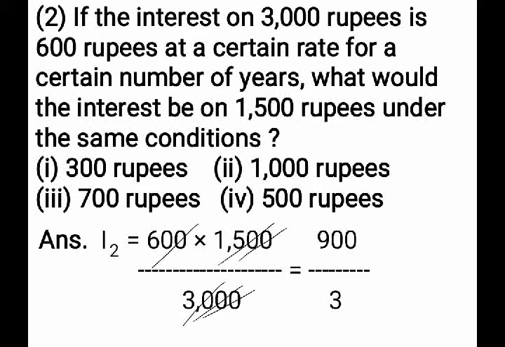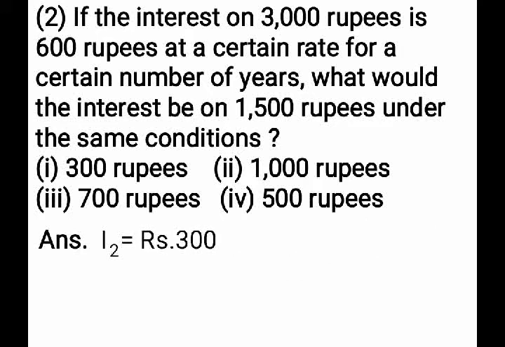Okay, 900 upon 3 you have to divide now. 3 ones are 3, 3 threes are 9, so 300s are 900. So interest 2, the answer I am getting, is rupees 300. So option 1 you have to tick mark. Option 1 is the correct answer.